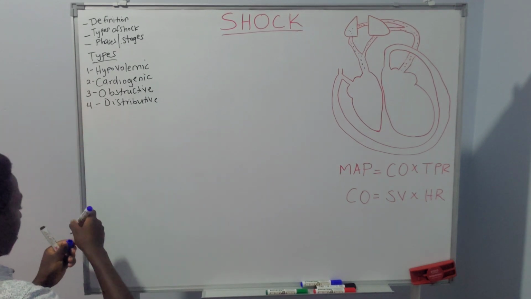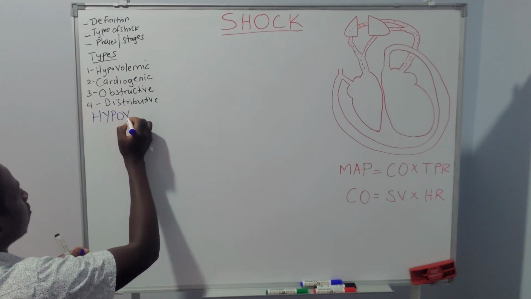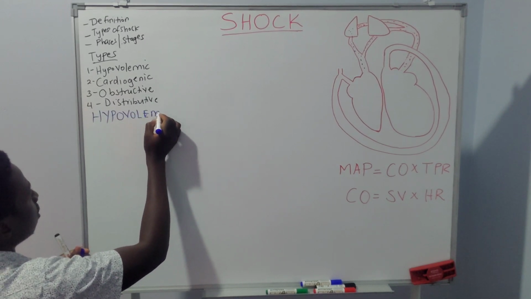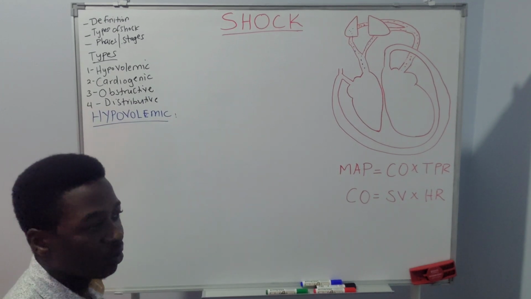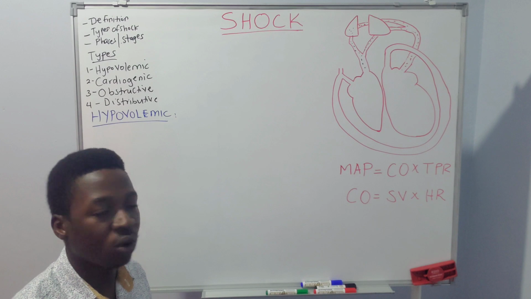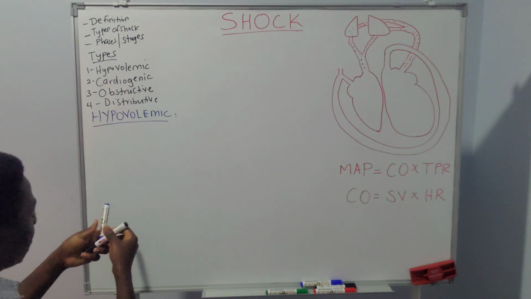So if we just look at hypovolemic shock, as we look at each of these different types of shock, what do we need to know under each? This is the approach we are going to use.